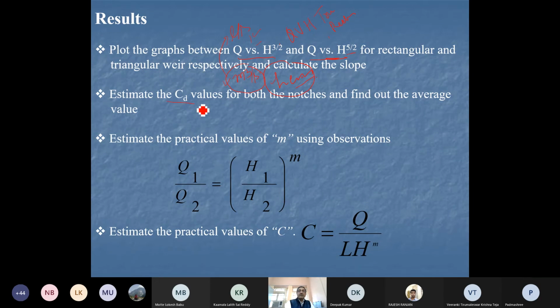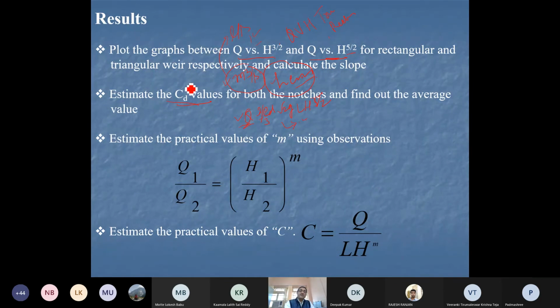To calculate the value of CD, you can use the theoretical relationship Q is equal to CD root 2g L H to the power 3/2 and 2/3 here for rectangular, and the relationship you have already learned for triangular, 8/15.